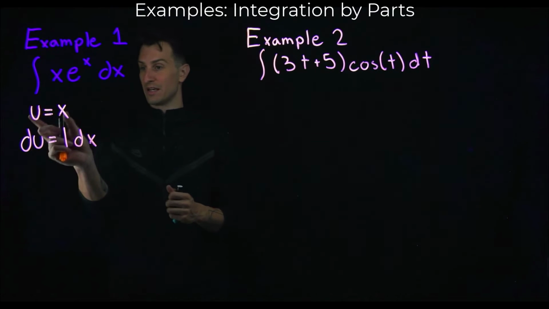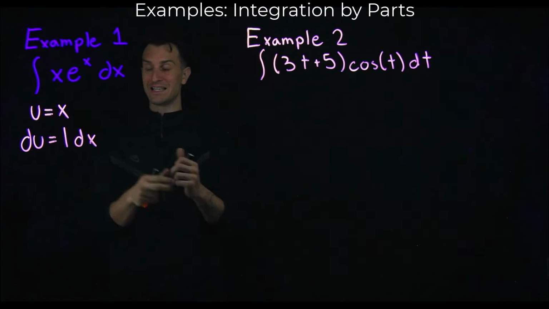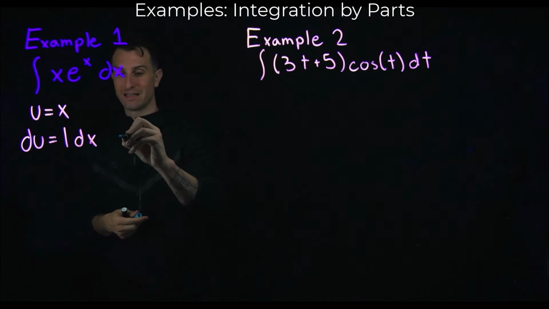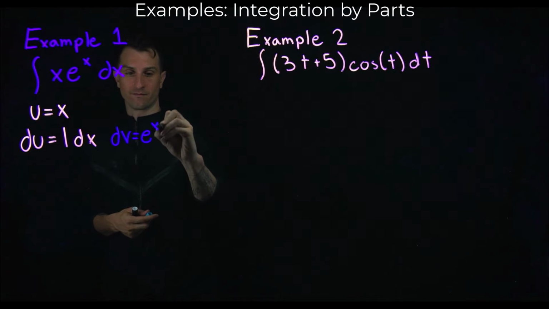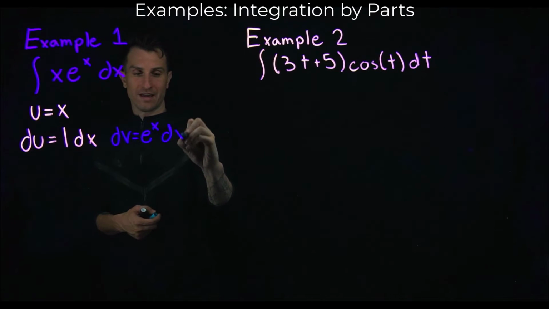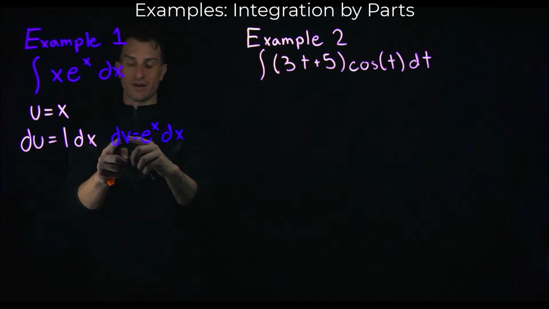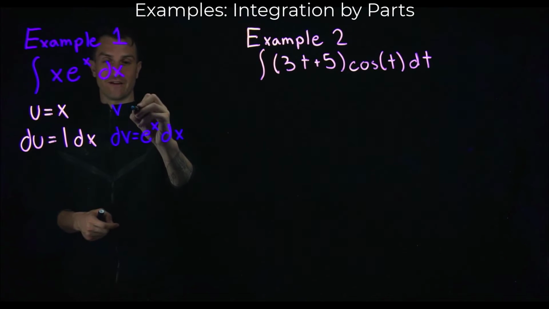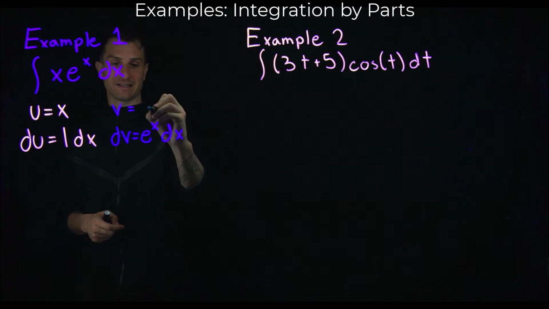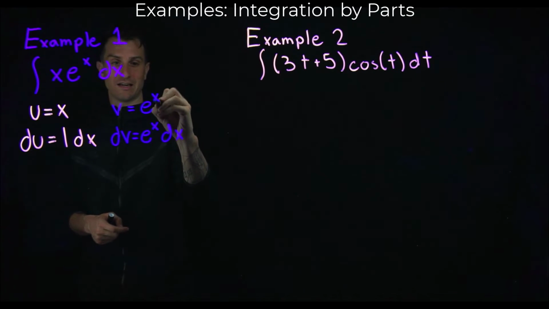If I pick x to be my u, that means e to the x must be my dv. Now if I integrate dv, I get v, and if I integrate e to the x dx, I get e to the x. Perfect.